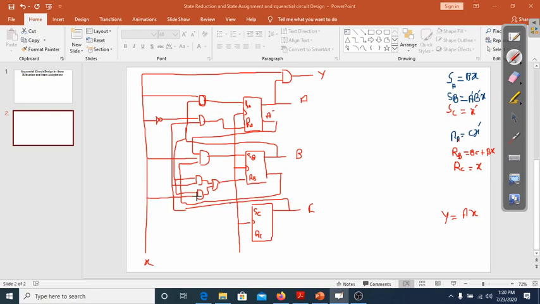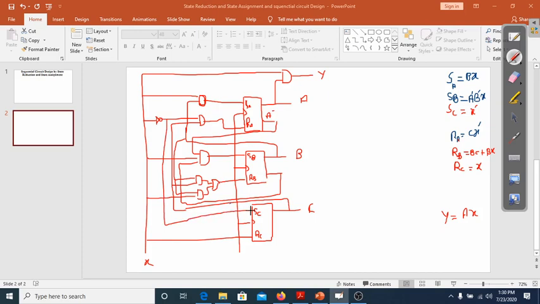Now it's okay. Then RC is connected with X, so it is directly connected with X, and SC is connected with X prime.